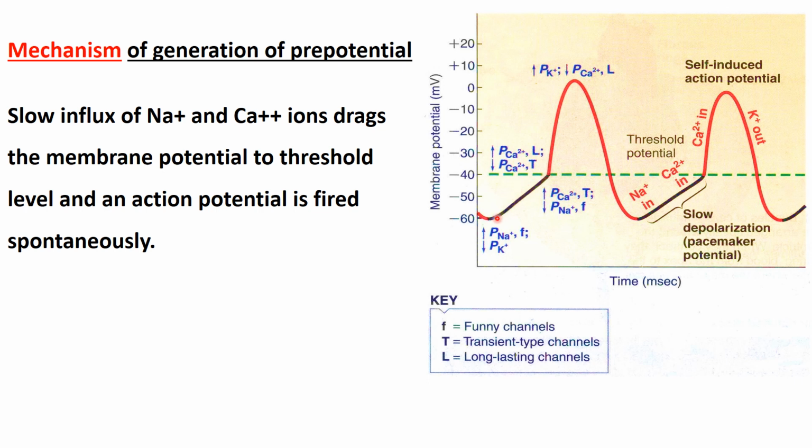This black line is present in the SA node and in the AV node, and I will be discussing the differences between the two action potentials, but at this moment this black line is produced due to number 1, opening of sodium channels that are different from the fast sodium channels in the skeletal muscle.